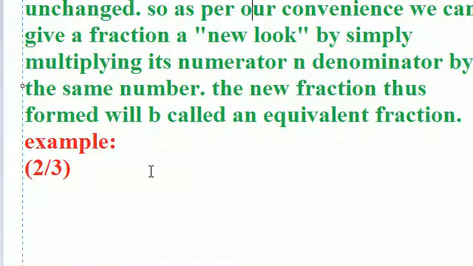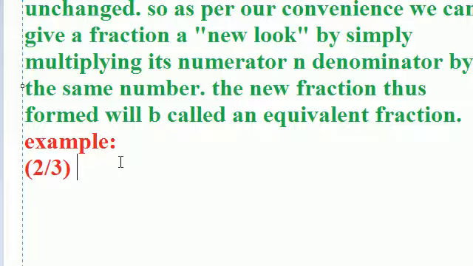Now let's take an example. We have a number 2 by 3. Now suppose we want to have an equivalent fraction of 2 by 3. One fraction can have any number of equivalent fractions. We can multiply its numerator and denominator by any same number and we can get an equivalent fraction.